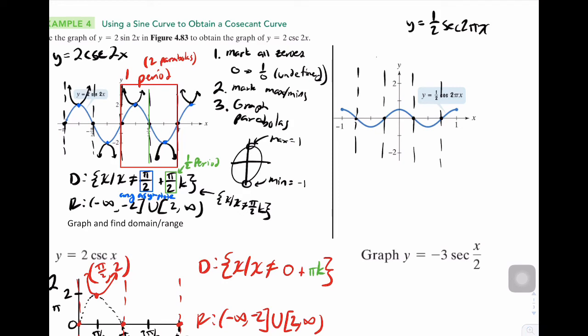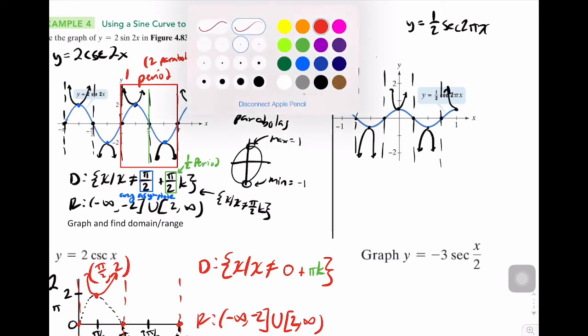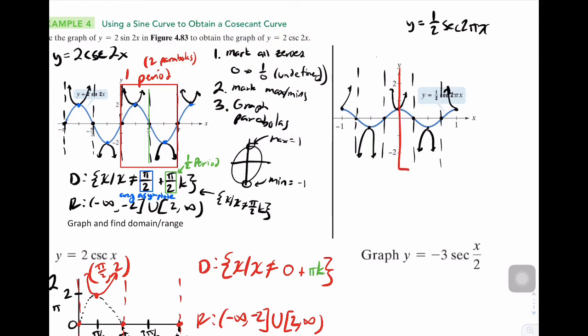And all we're going to do, mark the max and the mins, and sketch your parabolas. Now, what's important to remember is that in your trig class, or pretty much any trig book, the graph's going to look like this. Notice how it's only 1/2 a full and a half. So just remember that is still a full period because it technically is still 2 parabolas.